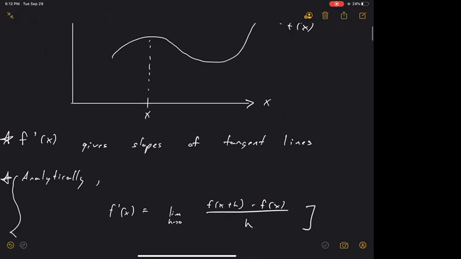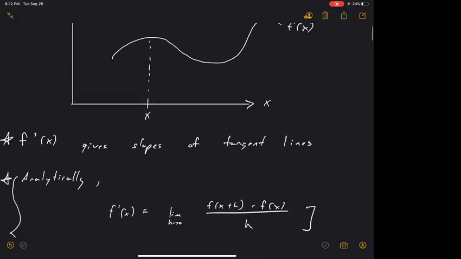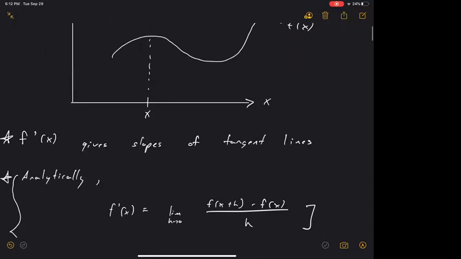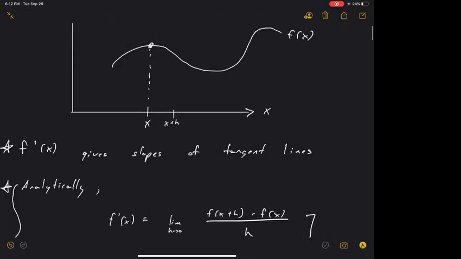What is f of x plus h minus f of x? Well, that's like 2 y values, right? So if I moved to the right by just h, to x plus h, this point would be x, f of x, and this point would be x plus h, f of x plus h.